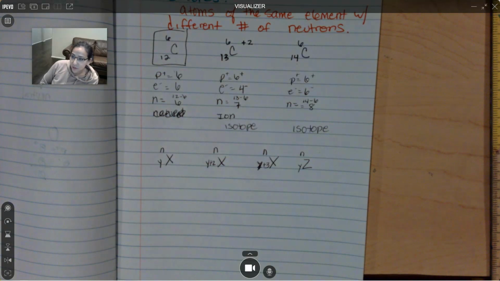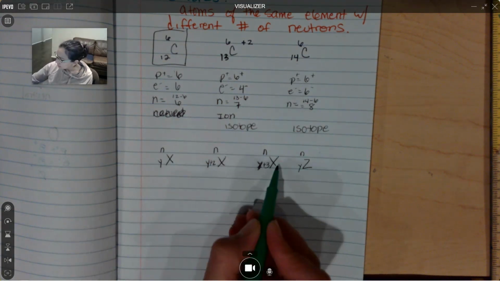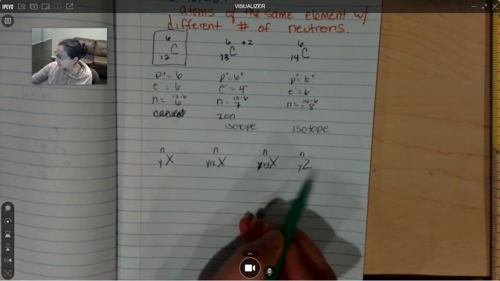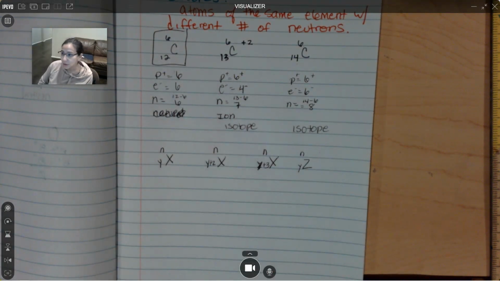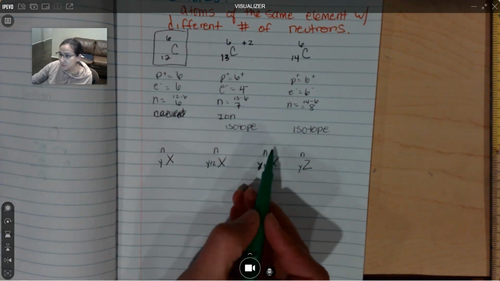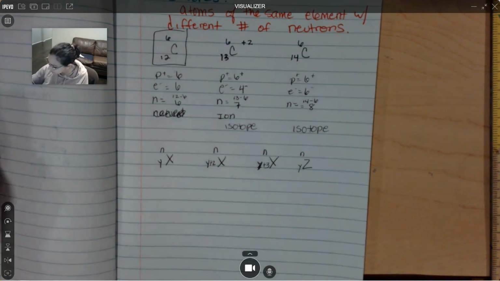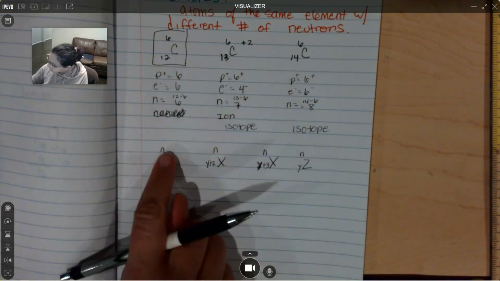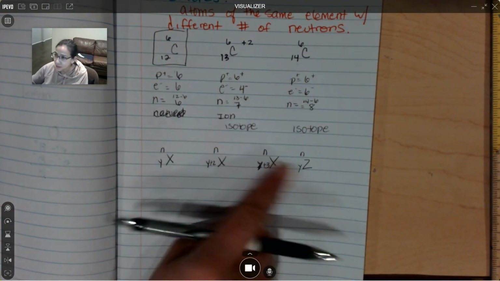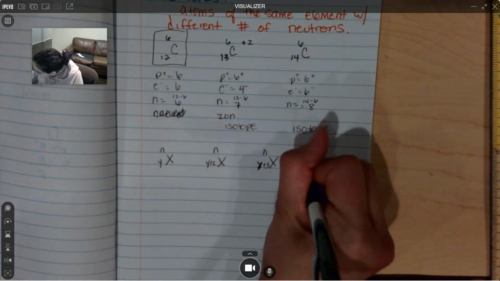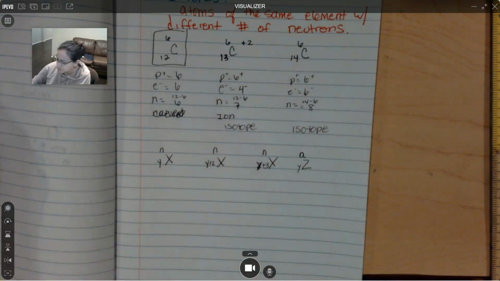Which ones are isotopes? Well, in order for them to be isotopes, they have to be of the same element. X, X, X, same element. Z, that doesn't belong, okay? We know they're the same element also because they have the same number of protons. However, this one, let's just make this an atom.